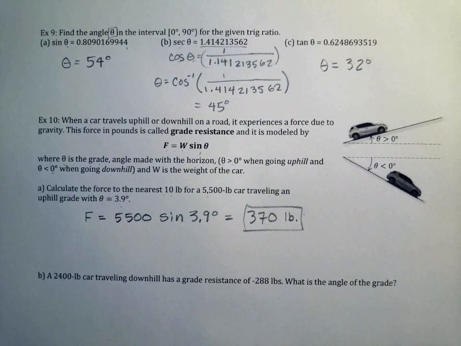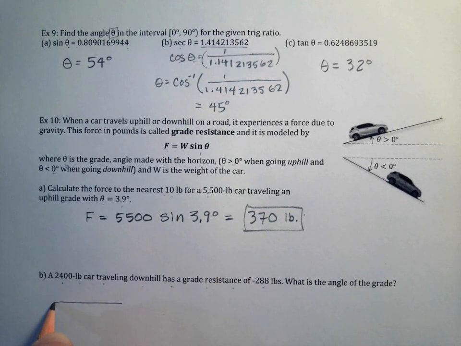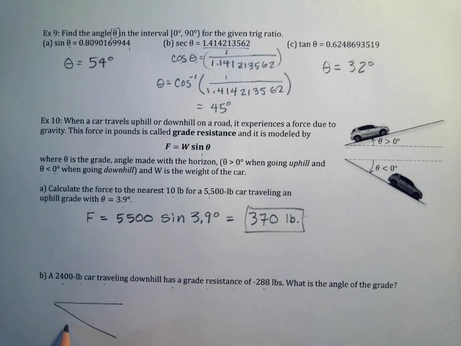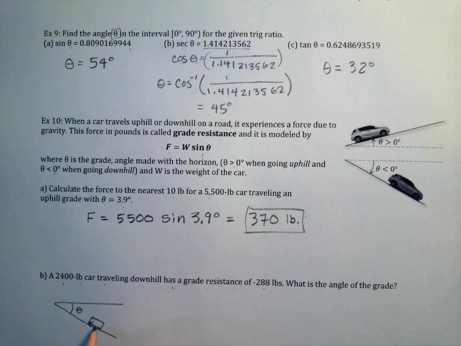All right. Now, a 2,400 pound car traveling downhill has a grade resistance of negative 288 pounds. What is the angle of the grade? So let's draw a picture for this one. We're going downhill, it's negative. That's what we're looking for, theta. I can't draw a car, so here's the car.